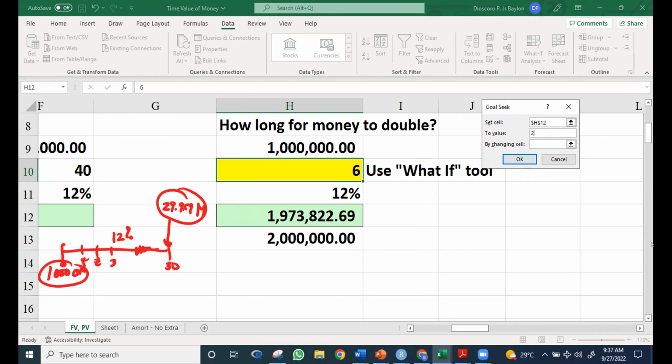To value 2 million. 1, 2, 3, right? Notice that here you have to type it because there's no icon here. This is not linkable. These two are linkable. And then by changing what cell? By changing this. So we want Excel to be iterating this so that this one becomes 2 million.